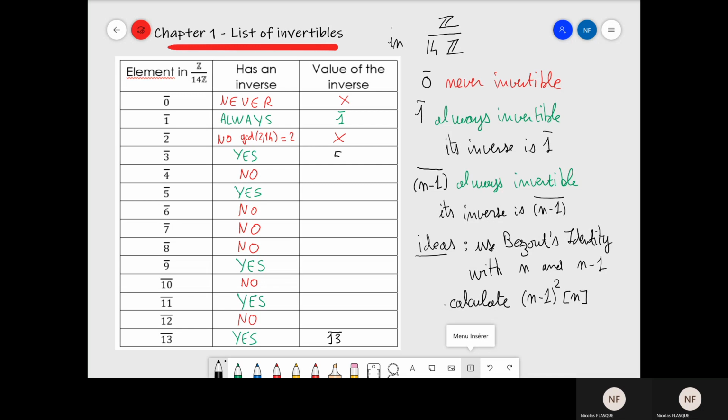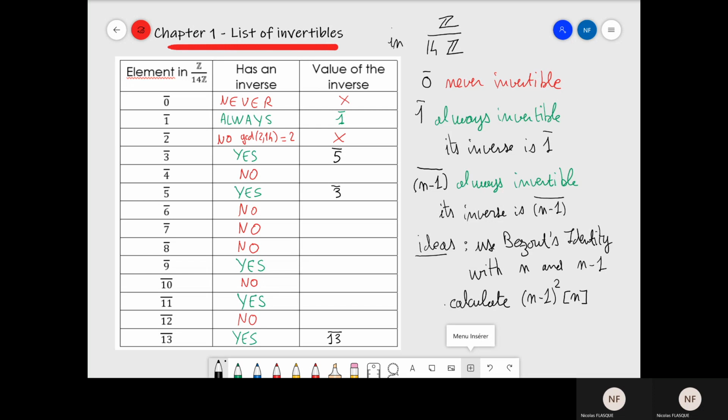So it's quite straightforward to find that the inverse of 3 bar is 5 bar in Z over 14Z, and as inverses always go by pairs, the inverse of 5 bar is 3 bar.